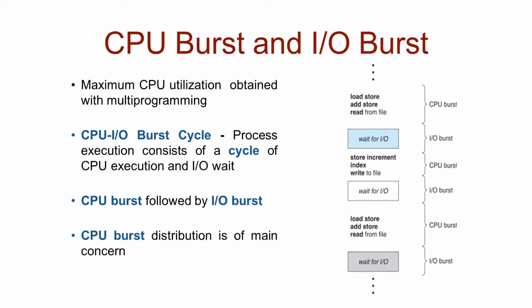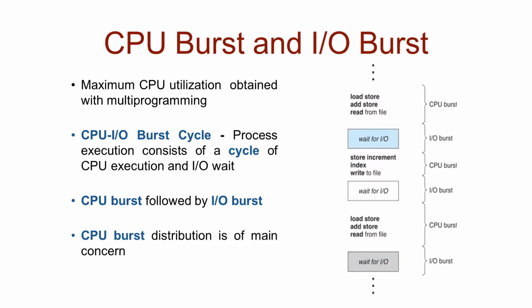Maximum CPU utilization is obtained with multiprogramming. How? Several processes are kept in main memory at one time in multiprogramming. When one process has to wait, the operating system takes the CPU away from that process and gives the CPU to another process.